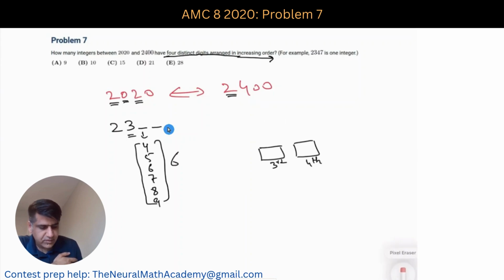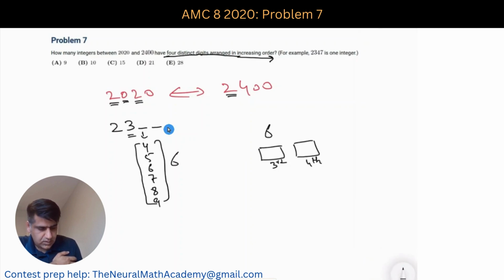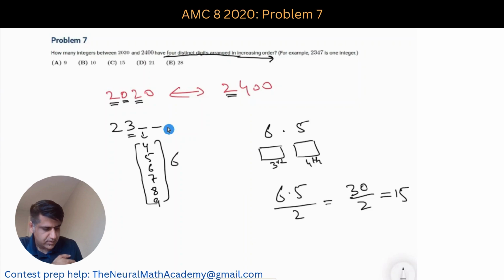For the third place, we have 6 options, and for the fourth place, we will have 5 options, because the digits cannot repeat. We also need to ensure that the digits are in increasing order, so we divide it by 2, and the answer that we get is 15 for this problem. So C is the answer for this question.